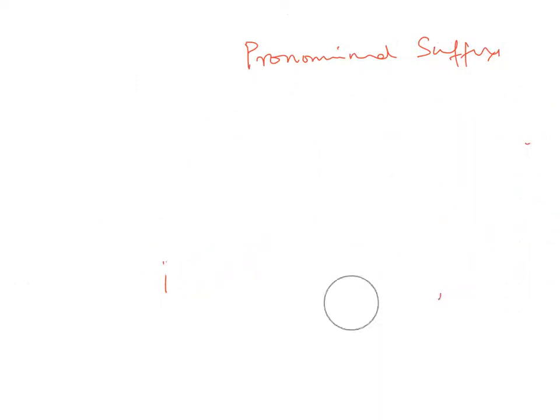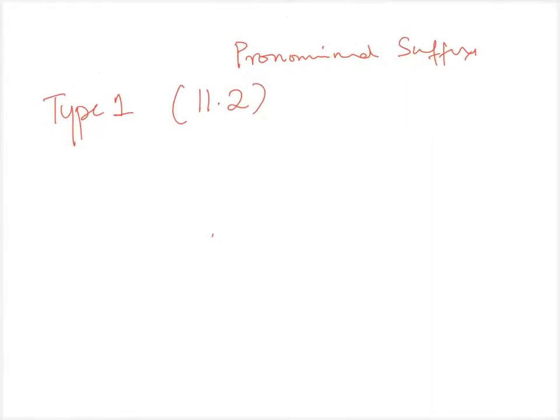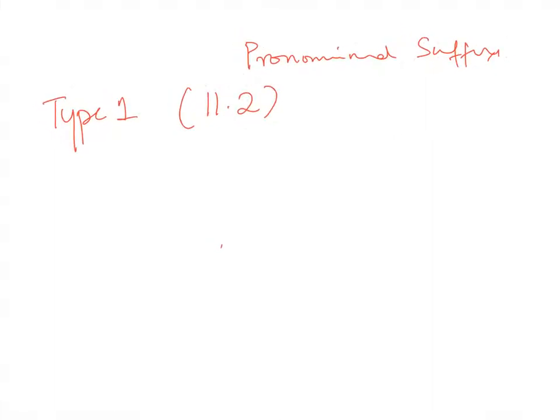Now, there are two types of pronominal suffixes that you need to remember. We'll call them type 1 and type 2. Type 1 is what you're going to find in Kelley page 11.2. Remember one thing: pronominal suffixes have person, gender, and number.